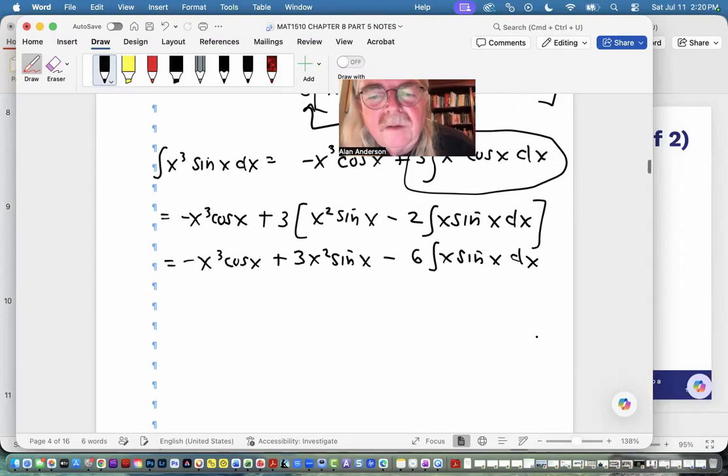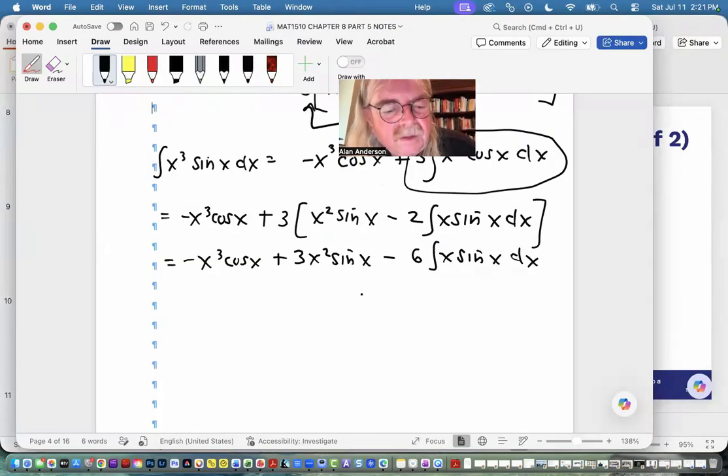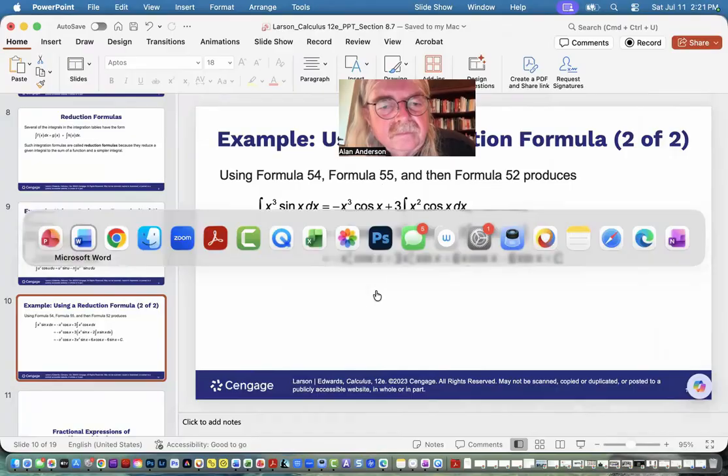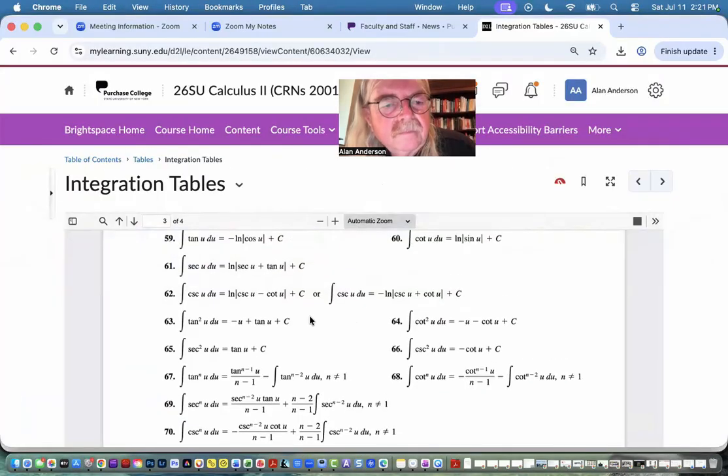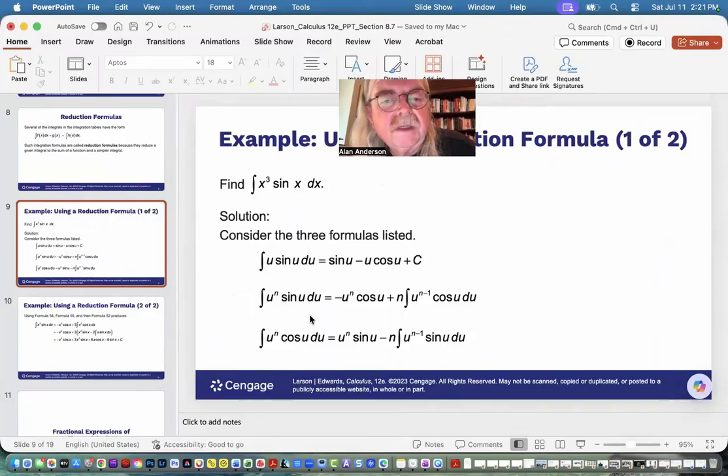And I believe they gave the impression that Formula 52, let's see what this one is. Oh, it's the first one. U sine U. Okay.